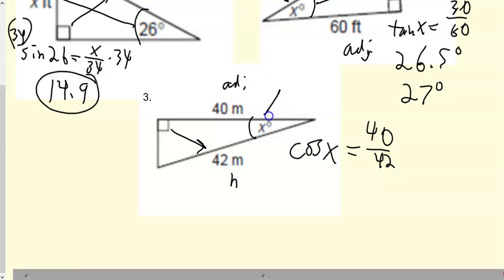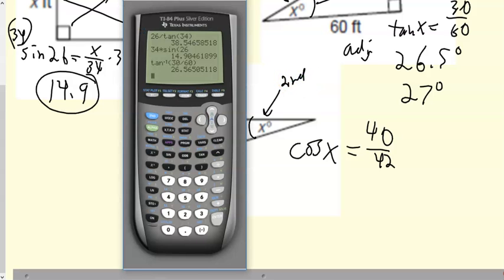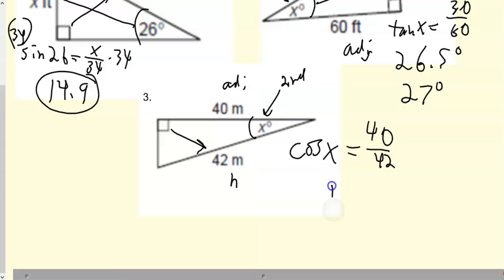Now again, since we're trying to find an angle, we're going to hit that second key. So we say second cosine, and then just type in 40 divided by 42. 17.7, so about 18 degrees, rounded.